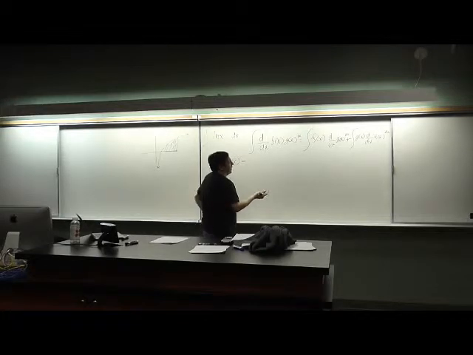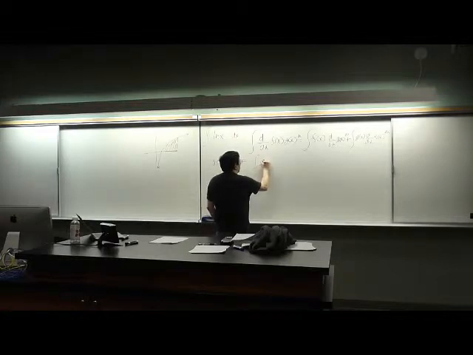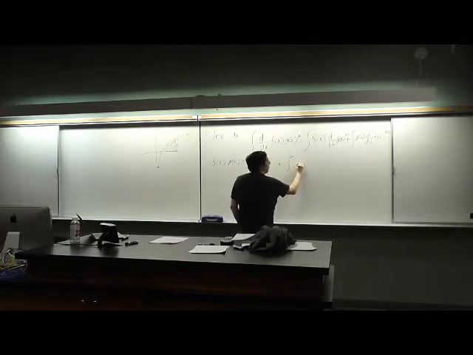And now on the other side, I'm going to write this in more sparse notation. I'm just going to say integral of f times g prime plus integral of g times f prime.